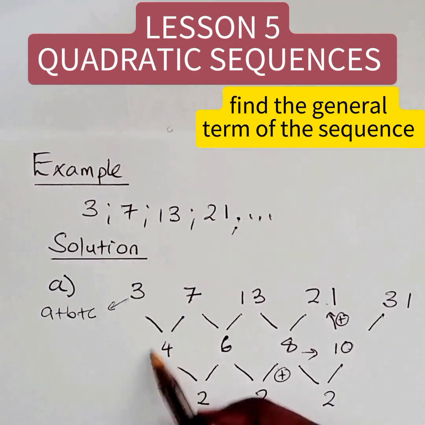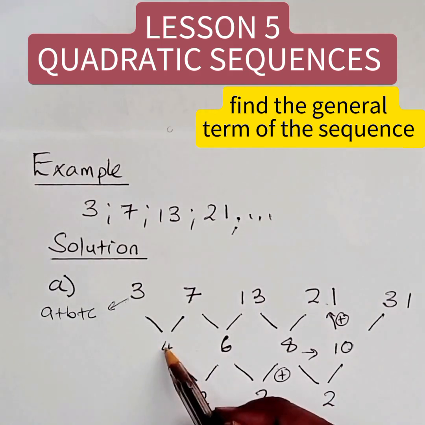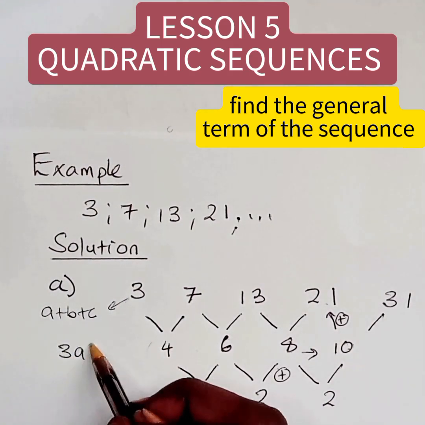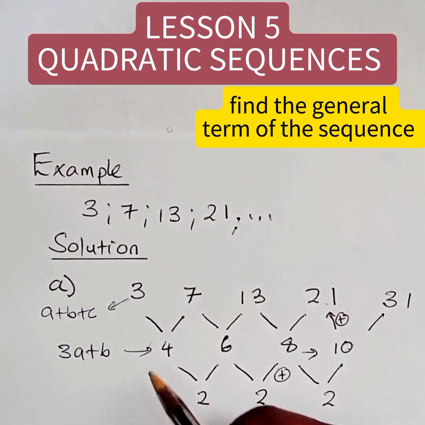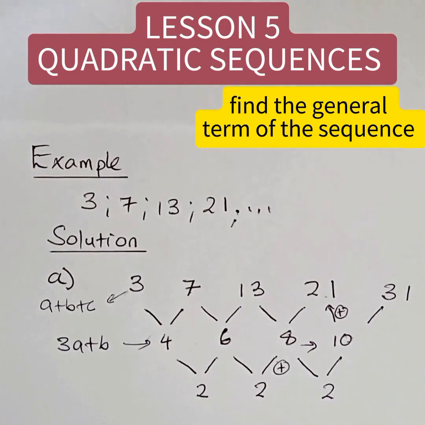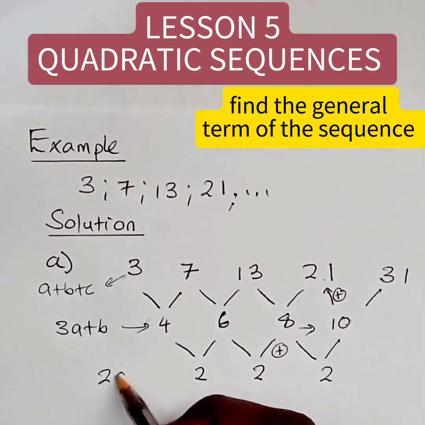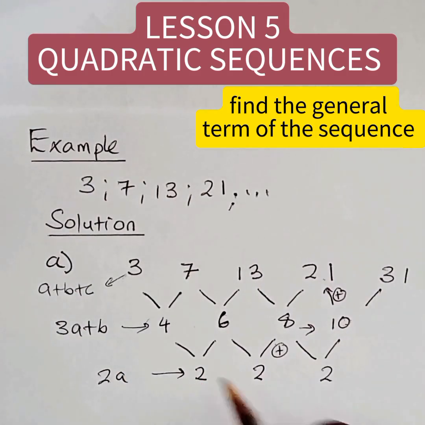And for the first difference, we say this is 3A plus B, so that's equivalent to 4. And then the second difference is 2A, and that's equivalent to 2.